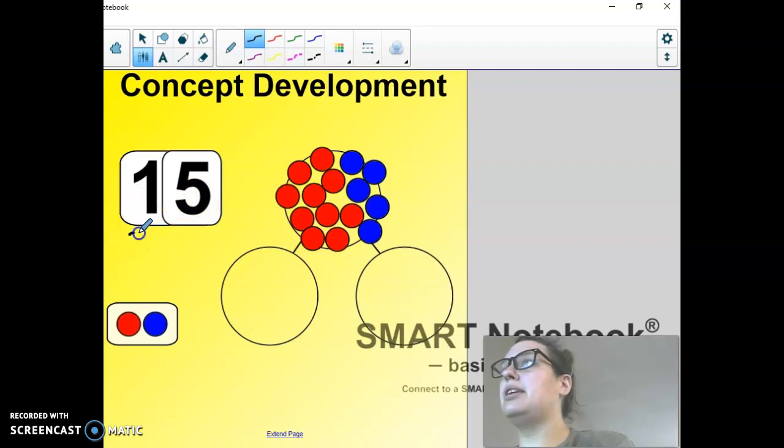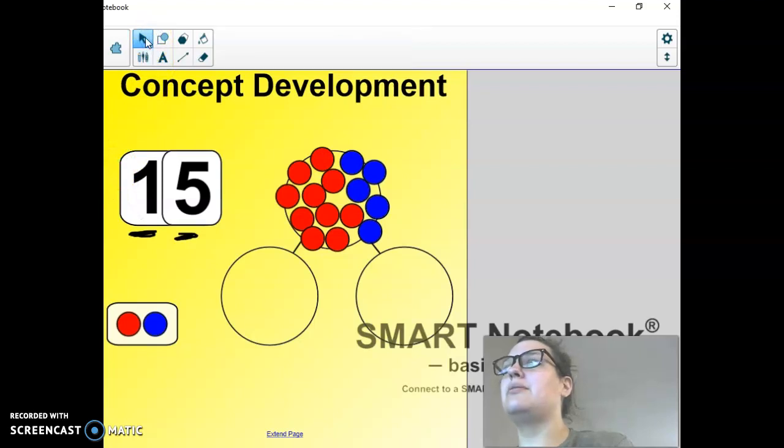The tens place is always on the left when there are two numbers, and the ones place is on the right, which is right here. So if this 1 is in the tens place, guess what that means? It means it turns into a 10.